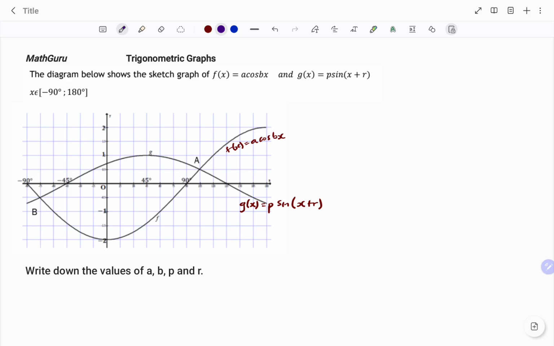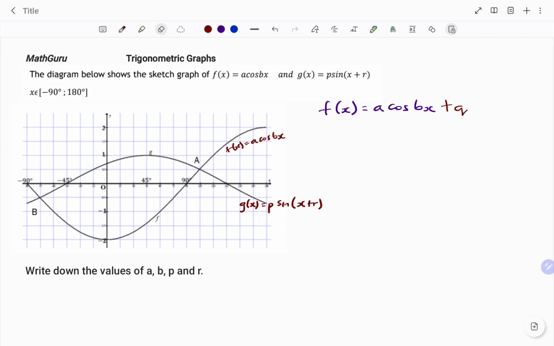Starting with the value of a, being given the formula for the cos graph to be f of x equals a cos bx, note that if you look at the formula, there is no vertical movement, meaning I don't have a plus q here to show that the graph has shifted from the original cos graph vertically.